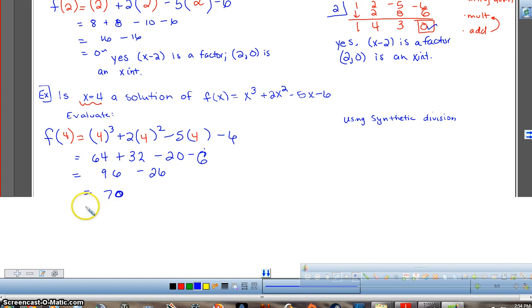I didn't get 0. So the answer here would be no. Since I didn't get a 0, x equals 4 is not a solution. I would know that 4, 70 is a point on my graph. But it's not an x-intercept.